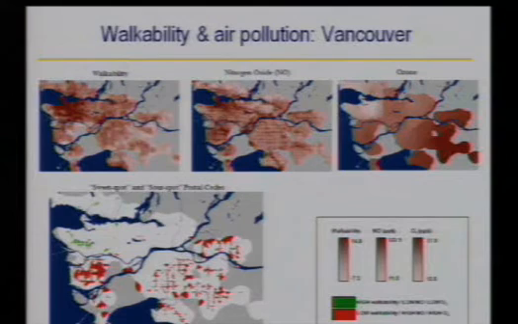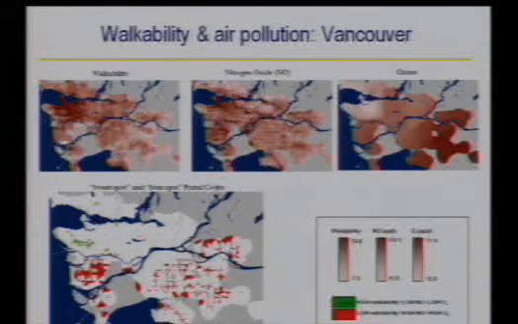This last map here on the bottom tries to combine these 3 upper maps by looking at where are the areas that do especially well for all 3 attributes, and those are shown in green, and then where are the areas that do especially poorly for all 3, and those are shown in red. And what you can see is that the green areas are the desirable neighborhoods. That is not only because they do well in the attributes I'm looking at, but also, from having lived there, I can tell you those are quite desirable places to live.